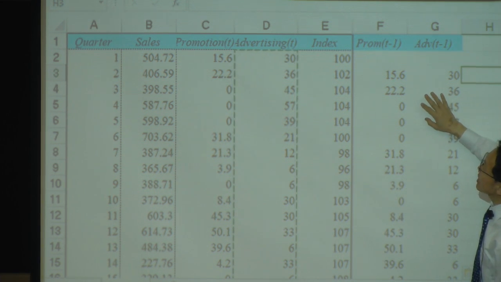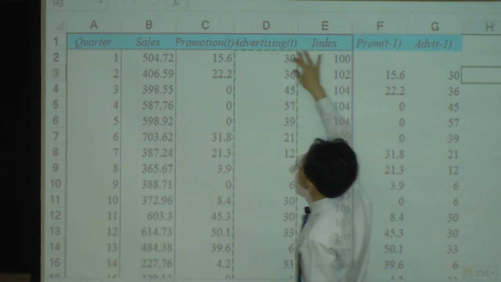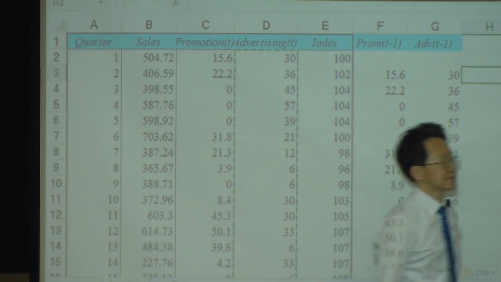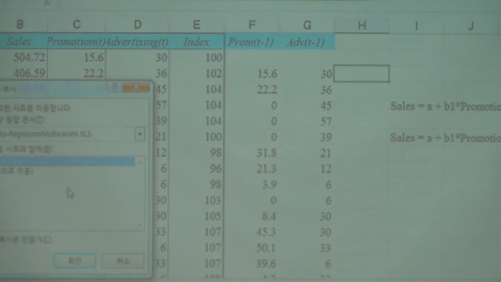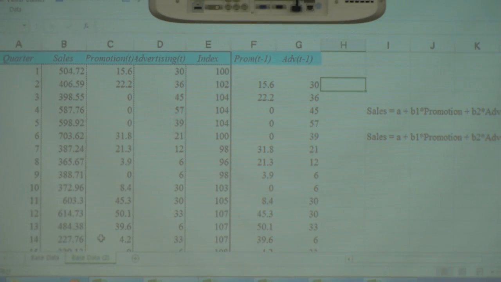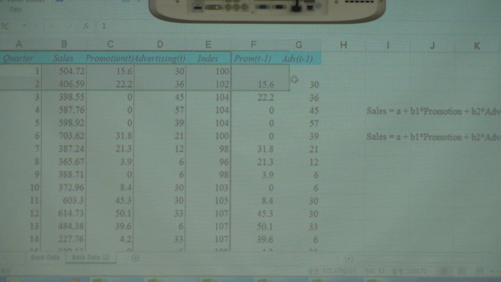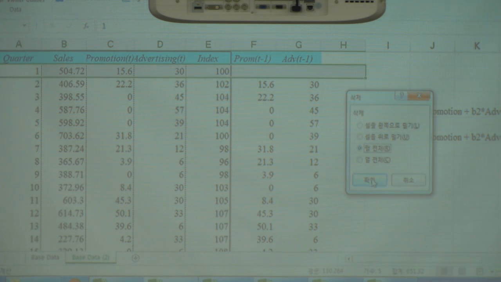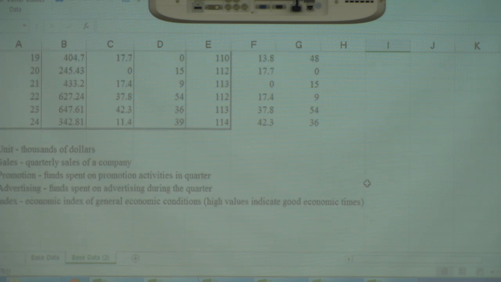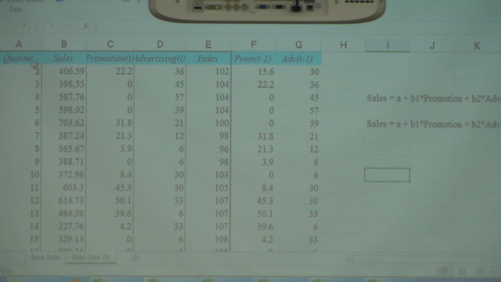And by doing so, what happens is that we lose these data points. So let's say I want to put it here. And I needed to delete this one.